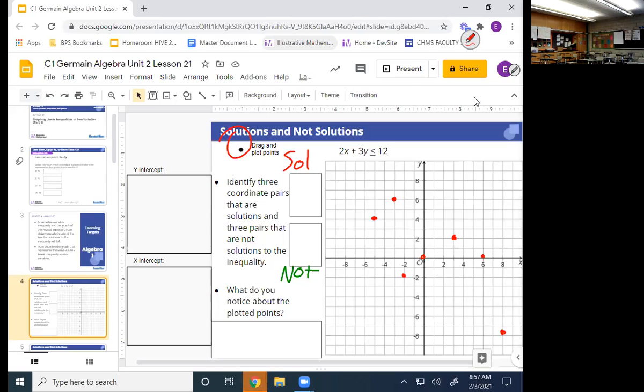Okay, what are we noticing? Let's look at some generalities here. What are we noticing about these points that are solutions? That's okay, Jason. No problem, Junior. Try your best. What are we noticing?